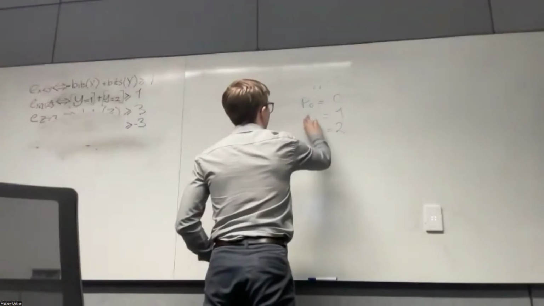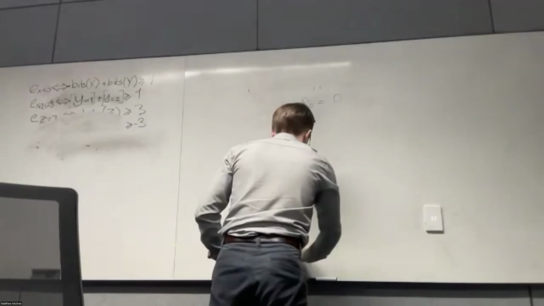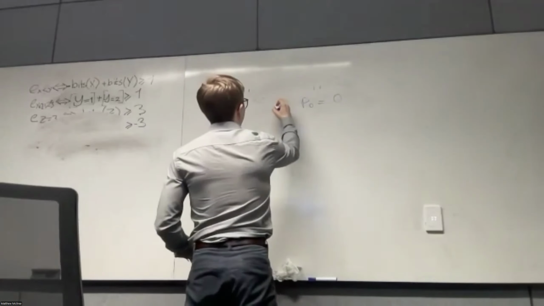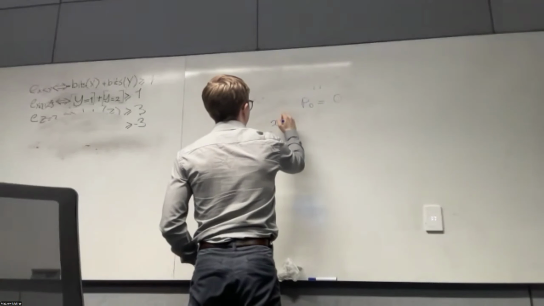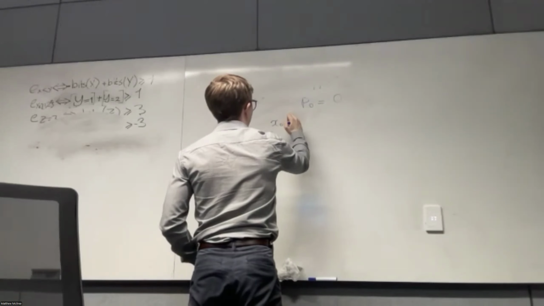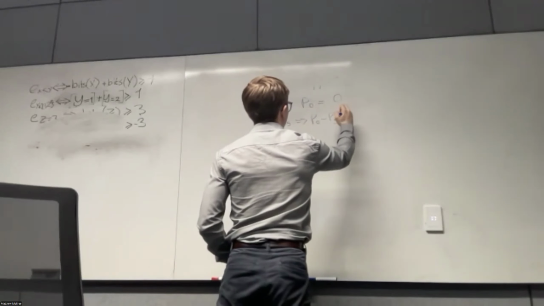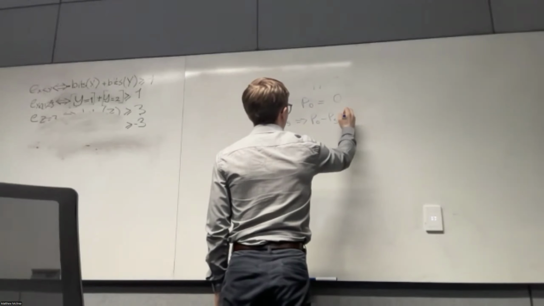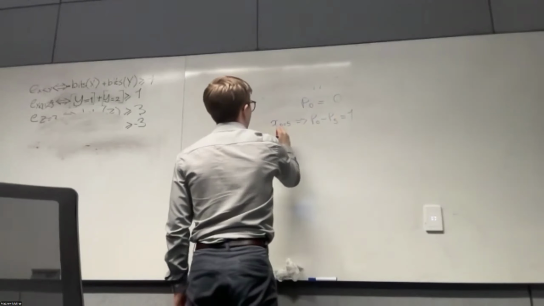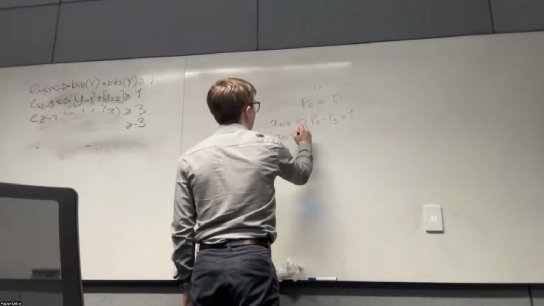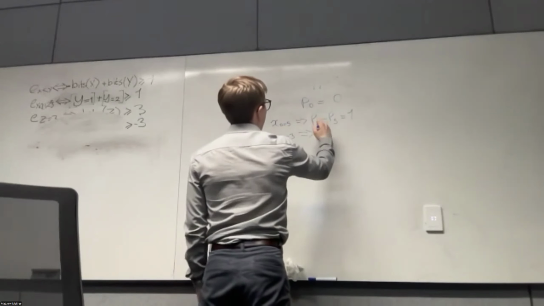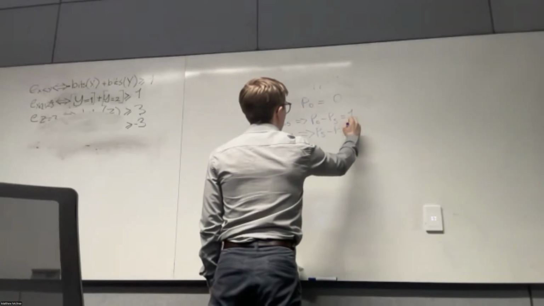Sorry, I should actually write out what these mean. So x0 equals 5 implies P0 minus P5 is equal to 1. X5 equals 3 implies P5 minus P3 is equal to 1.